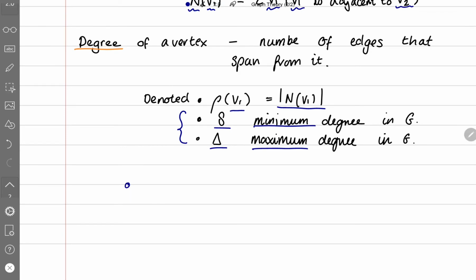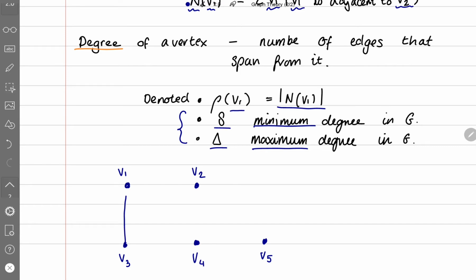So let's see. We'll do 5 vertices. Let's write them: V1, V2, V3, V4, V5.